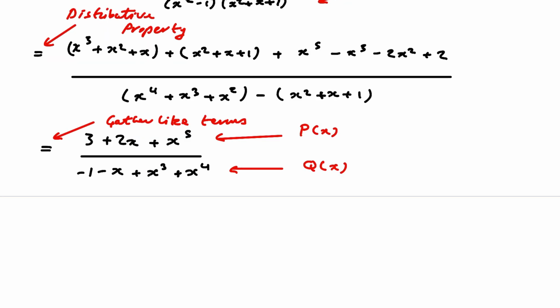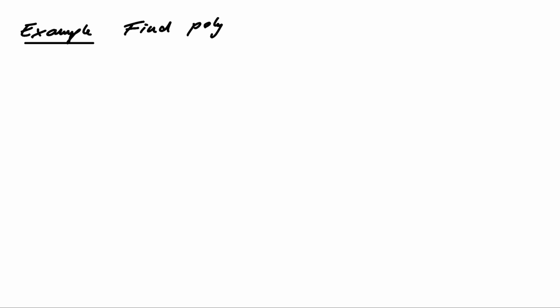Okay, so let's do another example. All right, so let's find polynomials, same kind of story. Let's say p(x) and q(x) exactly as before, such that, well, let's do something a little bit different.